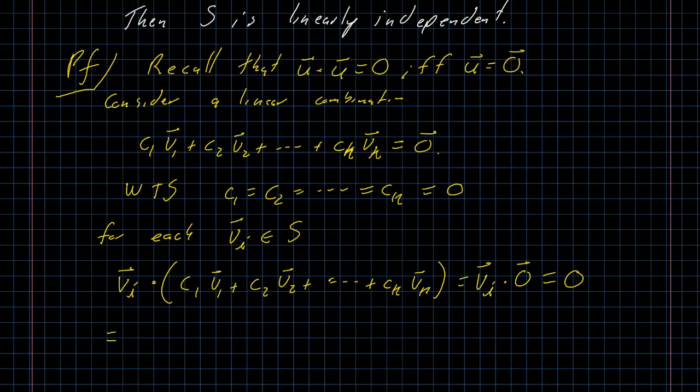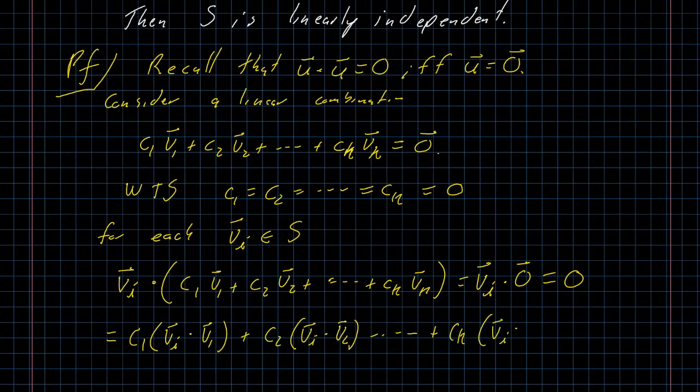So I could instead rewrite this as C1 times vi dot v1 plus C2 times vi dot v2 all the way down to Ck times vi dot vk.